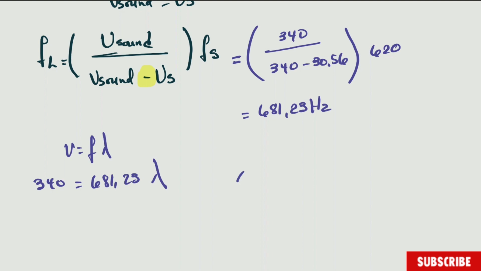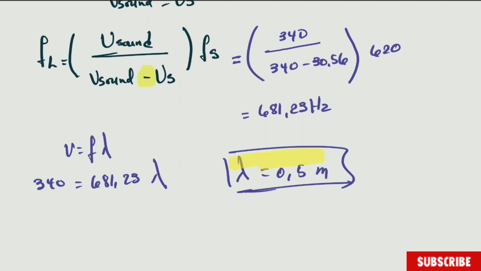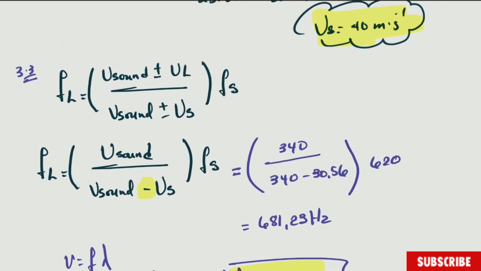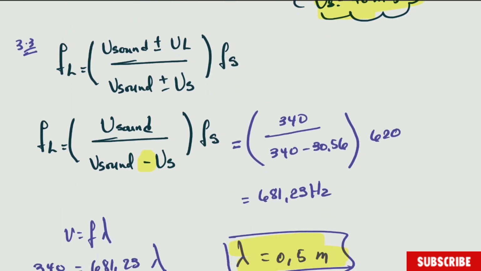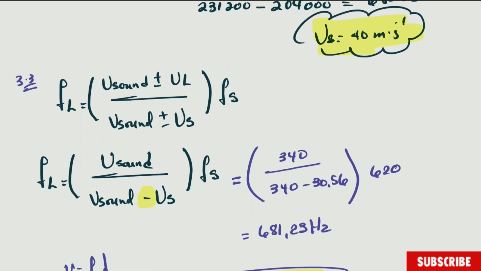Then you get that the wavelength is equal to 0.5 meters. This is the wavelength detected by the listener. So it is very simple, guys. I really think it's simple. We used the Doppler equation 2 times just now.